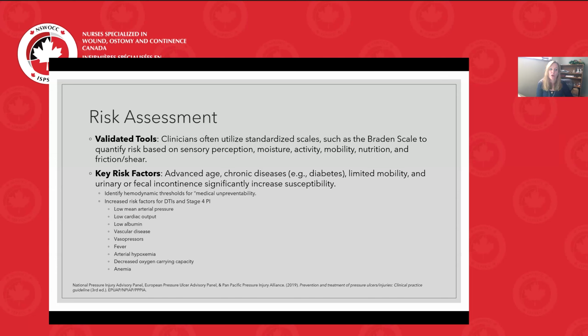We want to identify hemodynamic thresholds for medical unpreventability. This is a very hot topic right now, looking at what is preventable and what is not preventable in our patients. You can have a patient come in and they're in the ICU. They might be on several different vasopressors. They're very, very sick. We know that these patients are at high risk for the development of pressure injury.